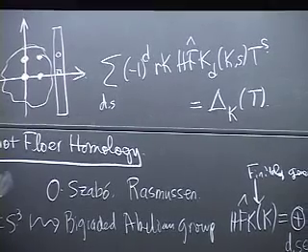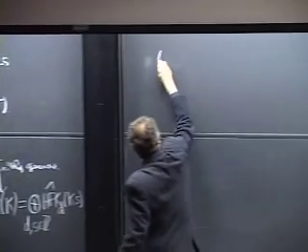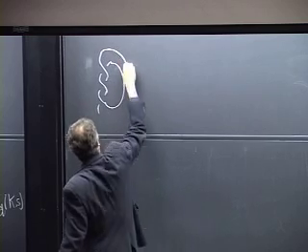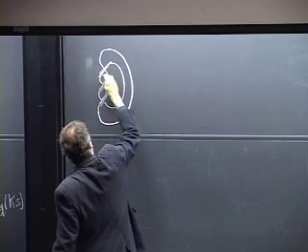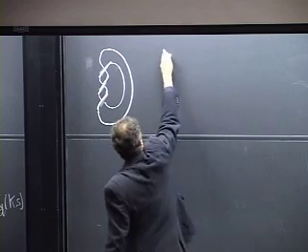Maybe I'll just draw some examples for concreteness. I drew exactly the opposite example to what I wanted to draw. Here's the right-handed trefoil knot.